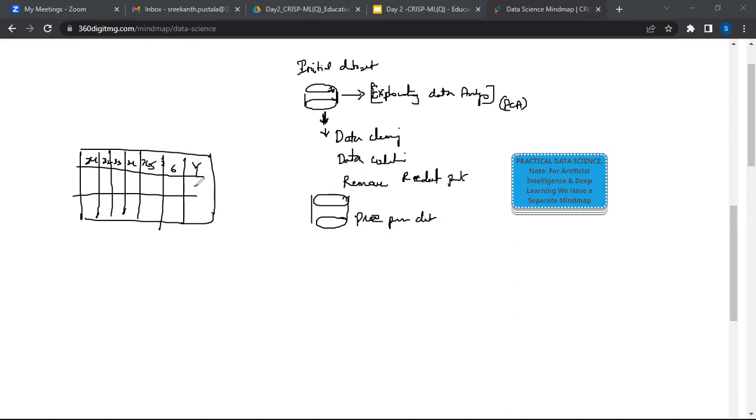I may have categorical data, or I may have continuous data. These are the input variables, and here we have the output. So this is the pre-processed data that we are looking into.